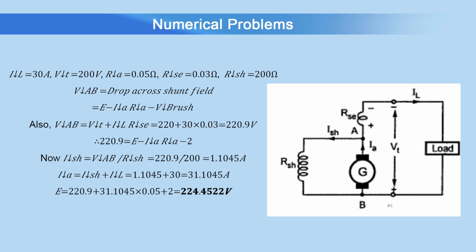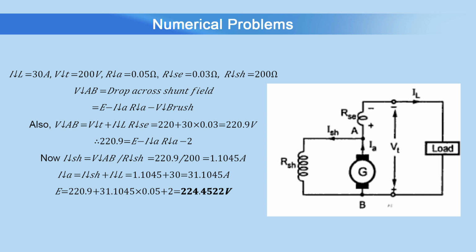Okay, so substituting the value of ISH in the above equation, you will get the value of IA. So IA is equal to ISH plus IL. ISH is equal to 1.1 and IL is equal to 30. So 1.1 plus 30, you will get the value of IA, which is 31.1 ampere.